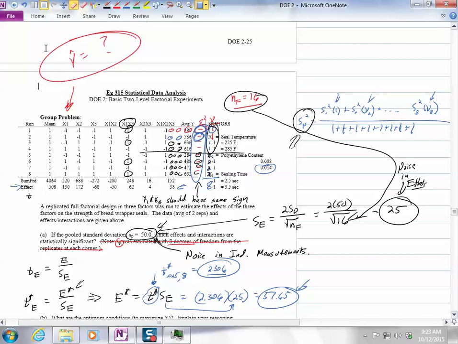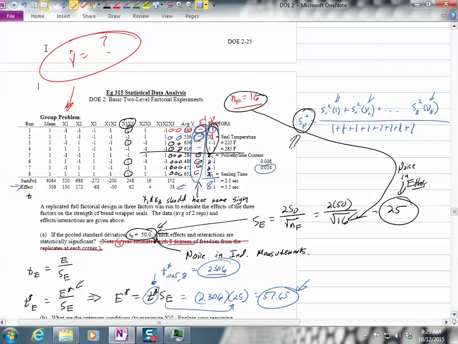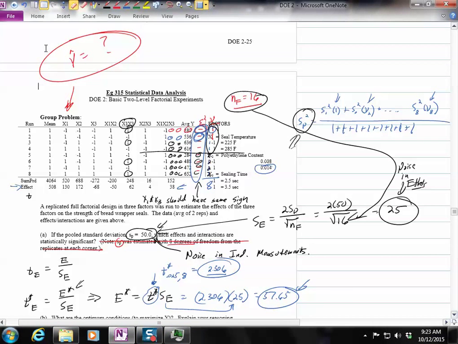All right. Yeah. Where's the constant? What's that? Constant again? Constants are half the effects. That's the mean. Yep. It's the mean of all the data points, which we calculate in that first column of the spreadsheet.